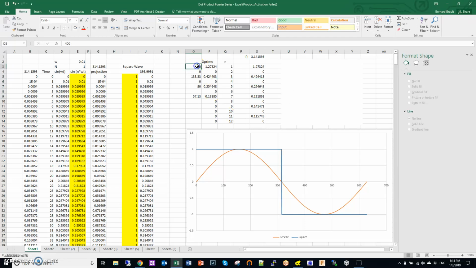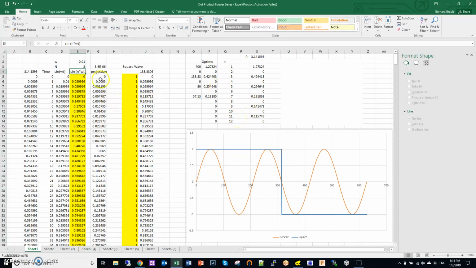And what I'm doing to get this value is simply the projection of the square wave on a sine wave. If I want to look at this one there, I need to project against something that has 3 times the frequency. So if I go 3 times the frequency, I get a projection of 133. I scale it with respect to 314, and I get this value 0.4244, which matches the prediction, the theoretical value.